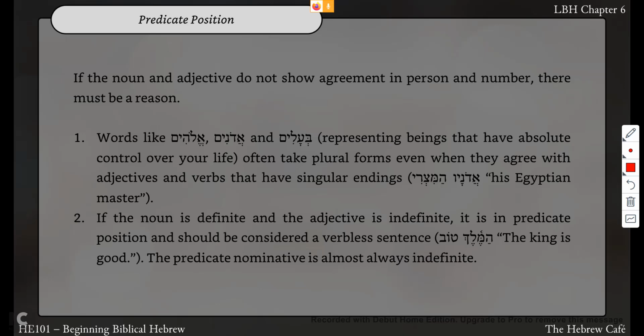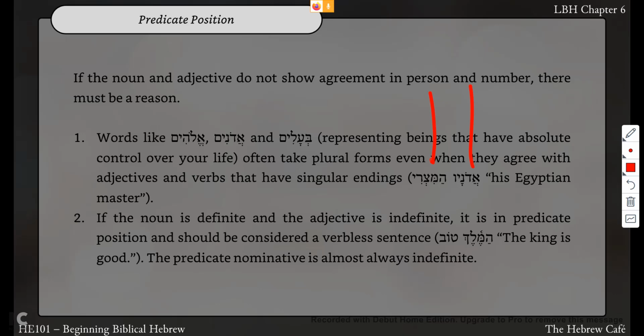And so these plural forms will still take singular endings in the adjectives. So Adonav means literally his masters. His master would be Adono, but his masters is Adonav. And then Ha-Mitzri, Mitzri is from Mitzrayim, Egypt. It means an Egyptian.